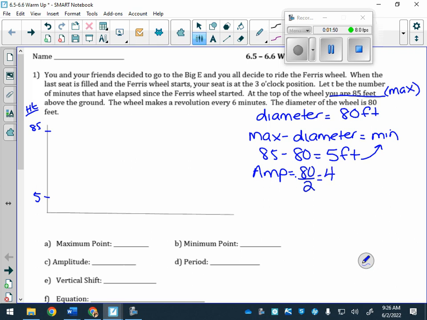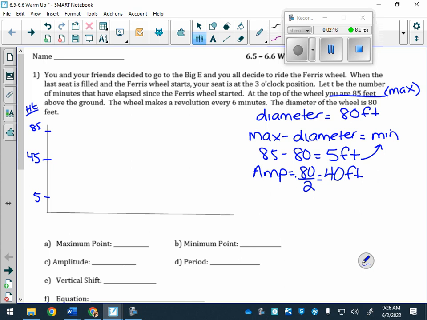Okay. 80 divided by 2 gives you the amplitude of 40. You gave us a whole bunch of information there, right? So if the amplitude is 40, for the midline, 40 plus 5. You cannot forget this 5 here. Or 85 minus the 40 as well, to find your midline, which is 45.